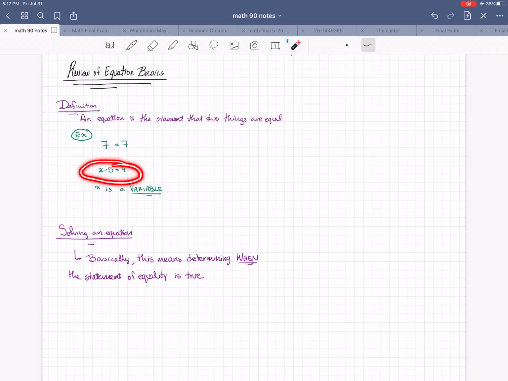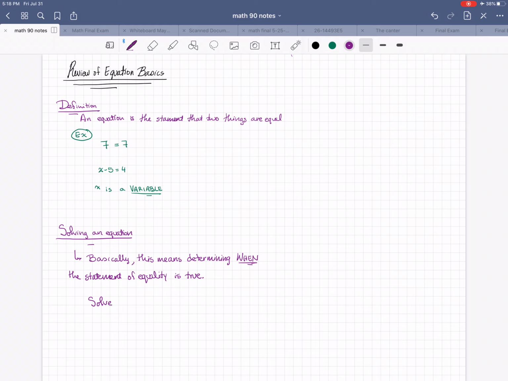However, when we look at the other example, x minus 5 equals 4, if I asked you to solve that equation, you would tell me, oh, I see. For some values of x, x minus 5 will be 4, and for other values of x, it won't be.